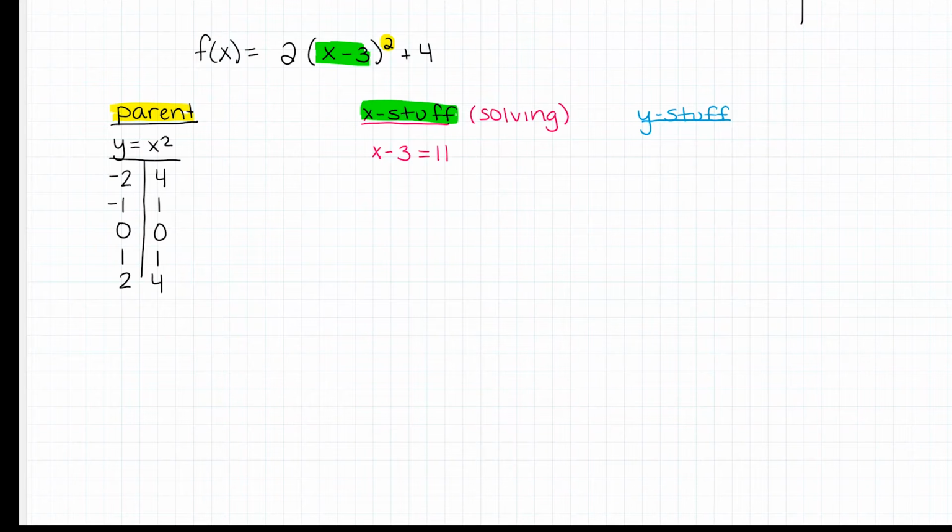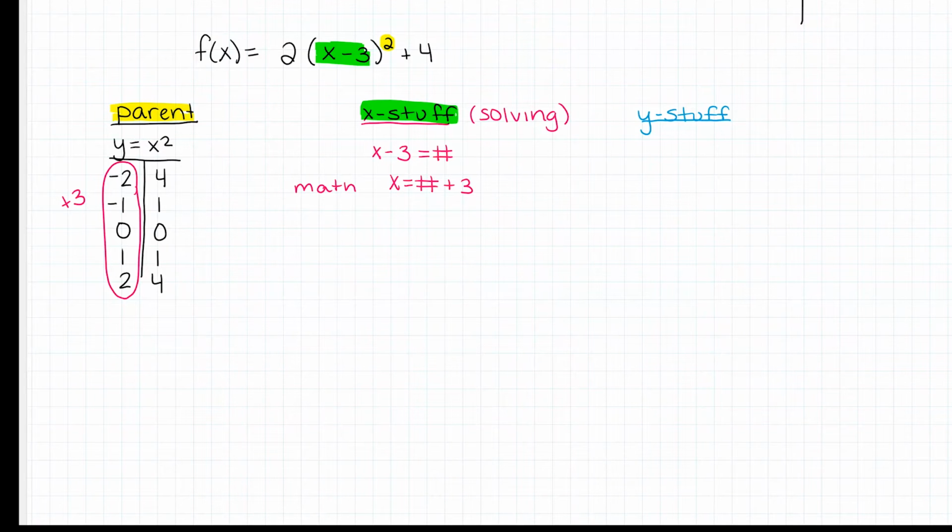So we're going to think about it equal to a number. And if we were going to solve for x, we would take that number and we would add 3 to it. So that's the math that's going to happen to our parent function. We're going to take these x's and we're going to add 3 to them.